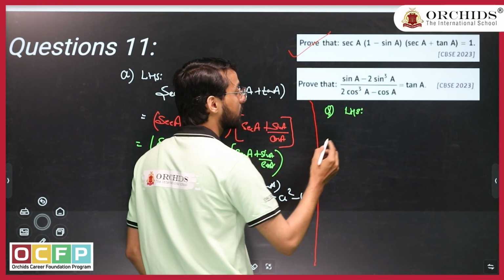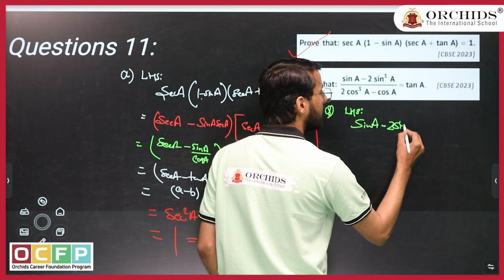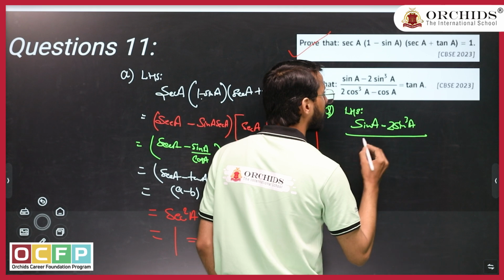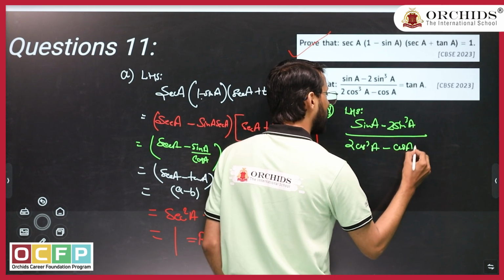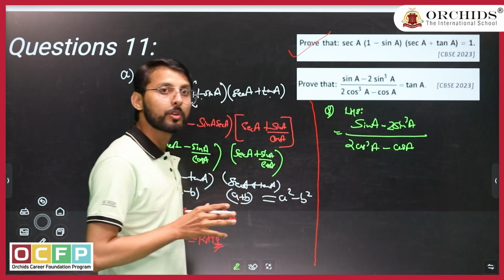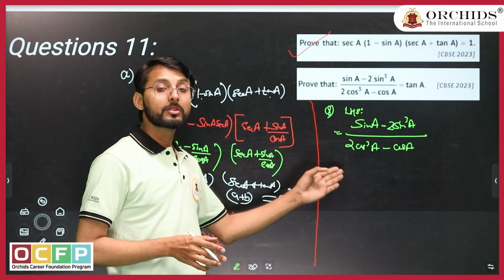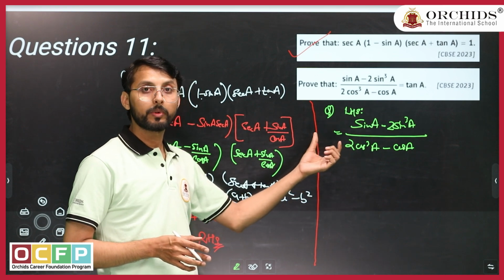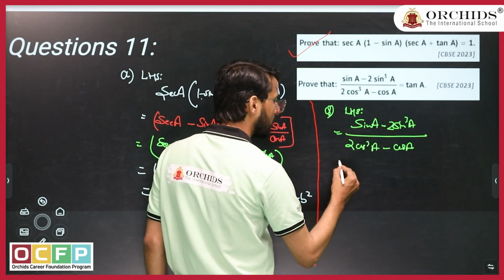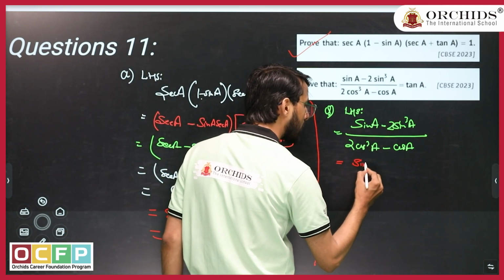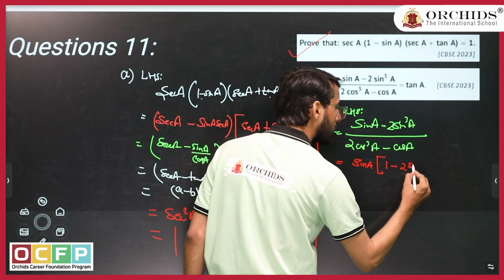They have given sin A minus 2 sin cube A upon 2 cos cube A minus cos A. Whenever anything is given in terms of numerator by denominator, the first thing is to find something common in the numerator and denominator. In the numerator, we can see sin is present at both places. So if I take sin A outside, what remains? 1 minus 2 sin square A.